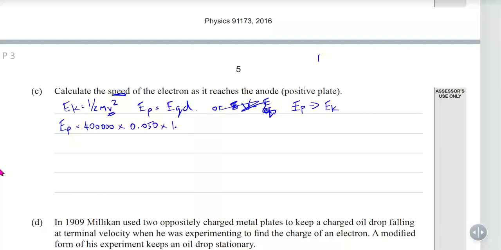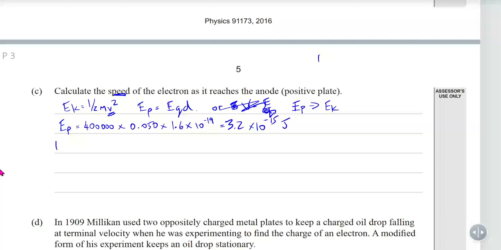The charge is an electron, 1.6 times 10 to the minus 19 coulombs. We do that calculation. We get 400,000 times 0.050 times 1.6 exponent negative 19. Make sure you use your exponent button properly on your calculator. You get 3.2 times 10 to the minus 15 joules.